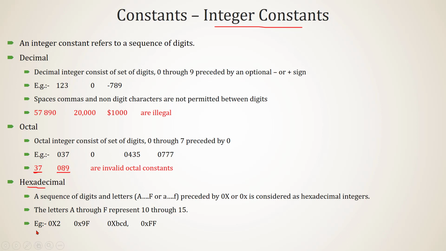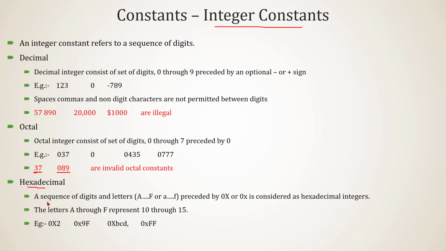So hexadecimal contains 16 symbols: 0 to 9, which contain 10 symbols, and A to F, which contain 6 symbols. So 9 means you know the value of 9. Generally 10 means 10, but here instead of 10 we will use A, instead of 11 we will use B, and similarly for F we are using 15.